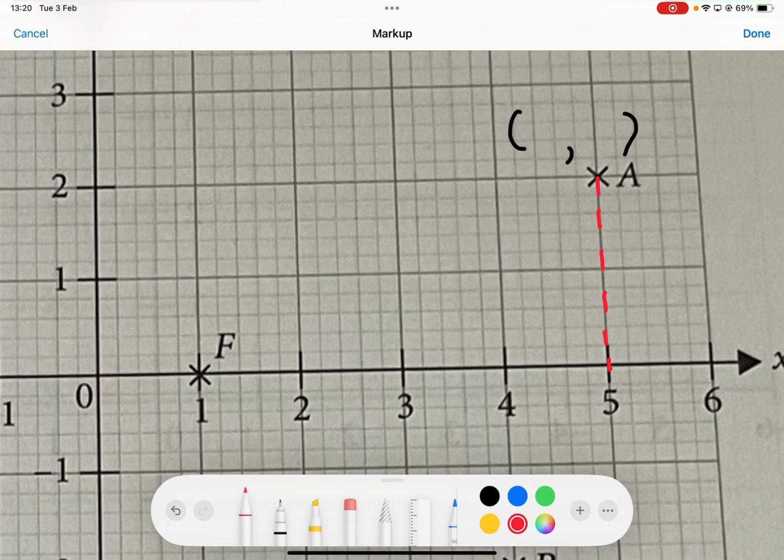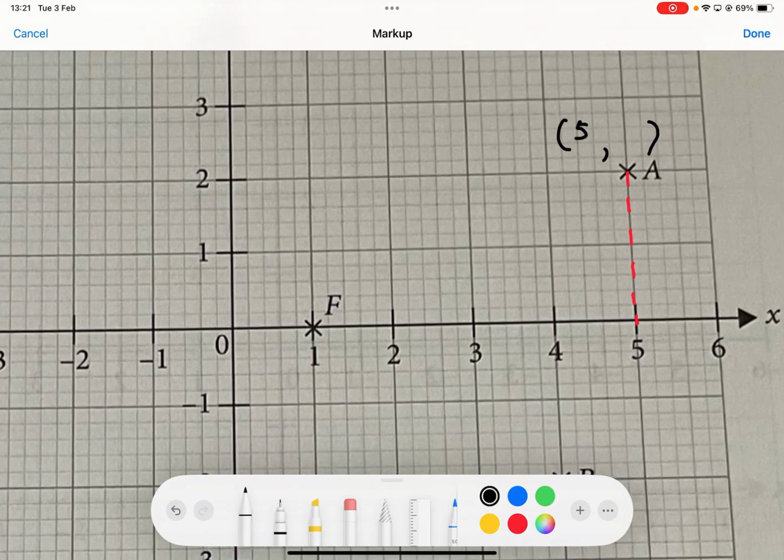Then I can see the left and the right is positive 5. So I can write the coordinate as 5. The left and right is 5. Then I want to know how high or how low. How high or how low is given by the vertical number line.